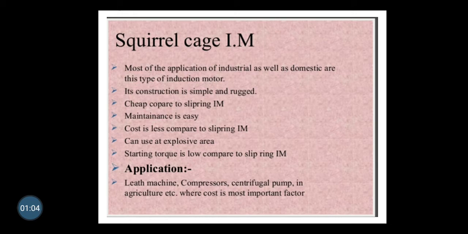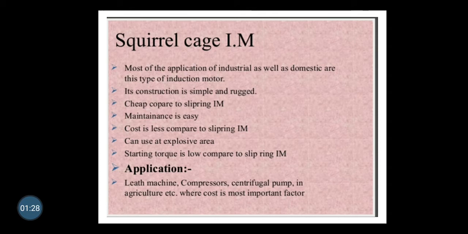The three phase induction motors are classified into two types, that is squirrel cage induction motor and slip ring induction motor. As the name tells, in squirrel cage induction motor, the rotor looks like a cage of a bird.